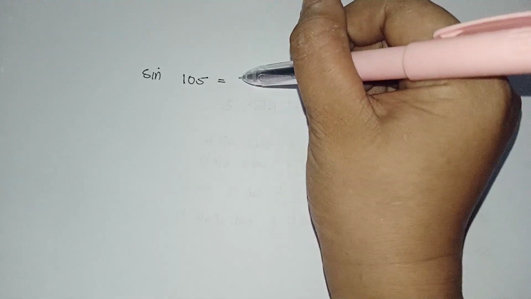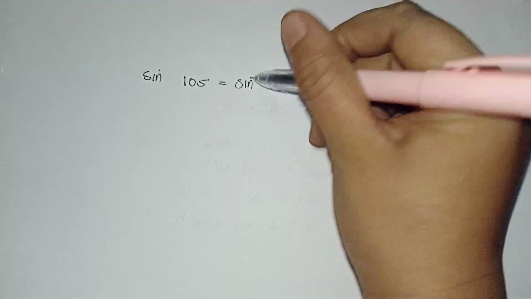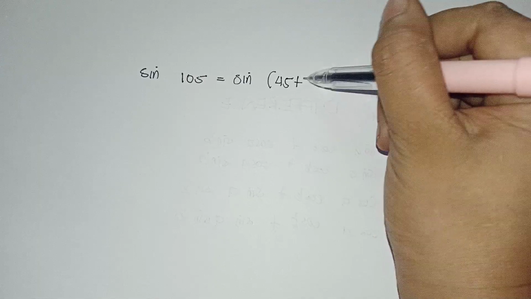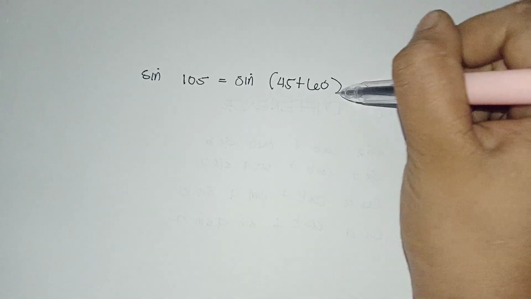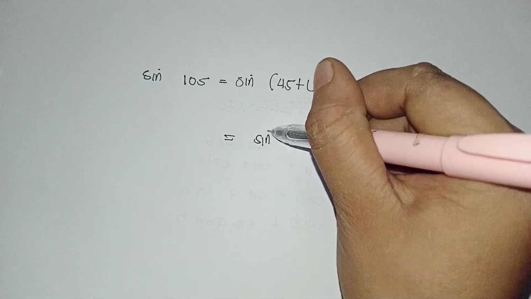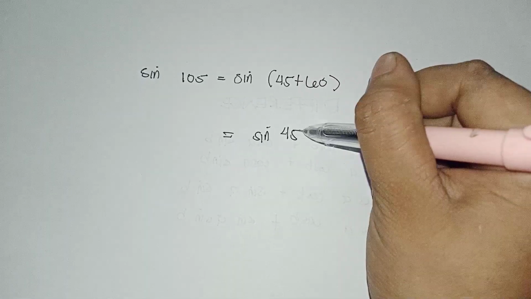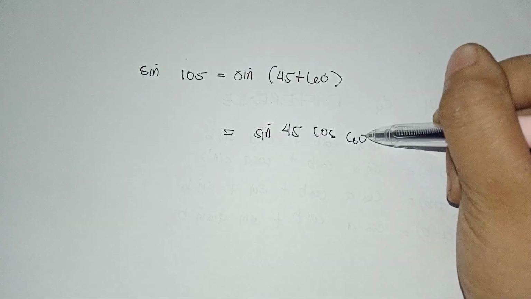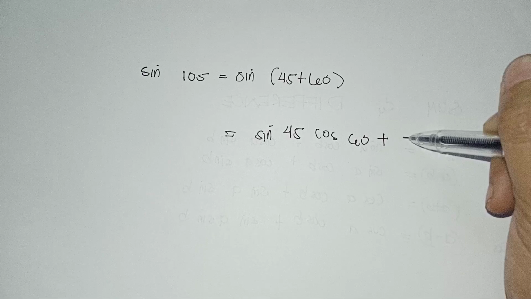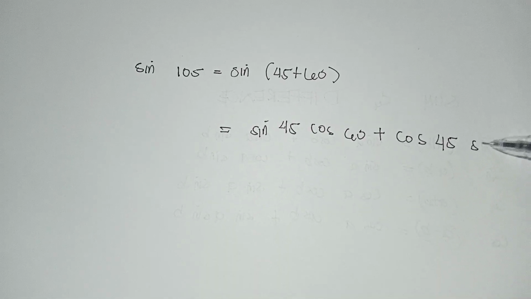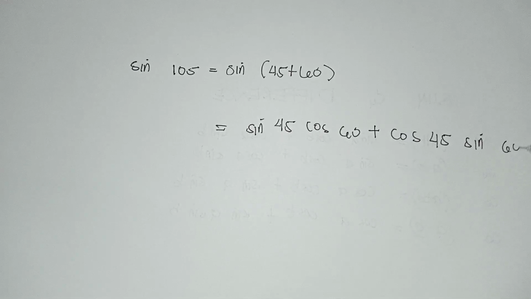So I have sine of 45 plus 60. So we have now sine 45 cos 60 plus cos 45 sin 60.